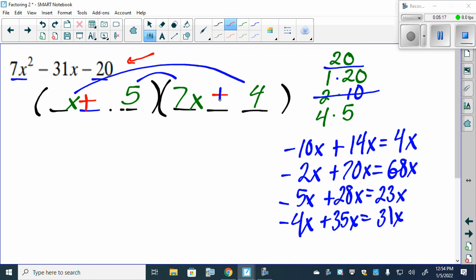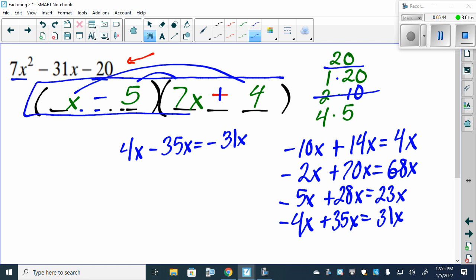Whenever we get the correct number but wrong sign, we just need to flip the signs. If we flip the signs, we'll get the correct answer because it'll change it from positive 31x to negative 31x. Because here now we would have 4x minus 35x, which would give us negative 31x, which is the correct middle term.